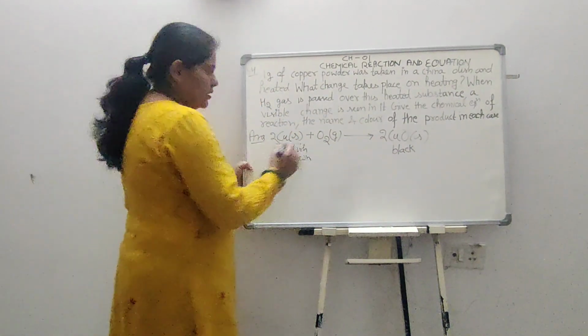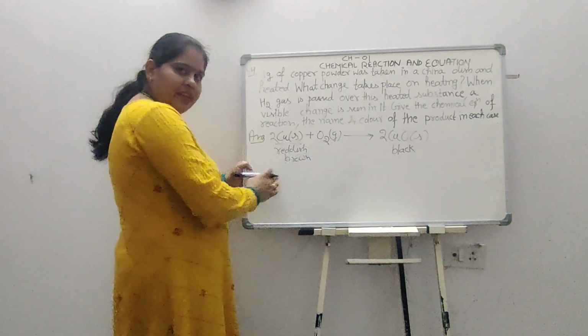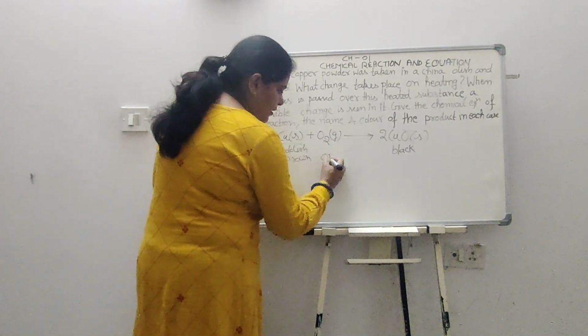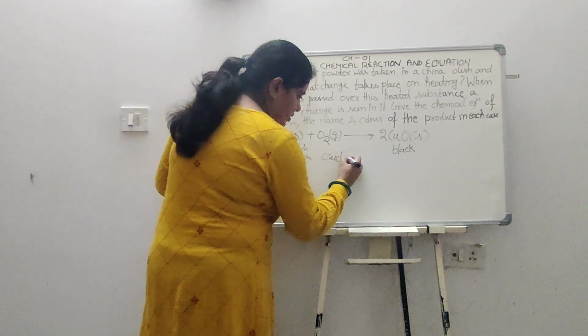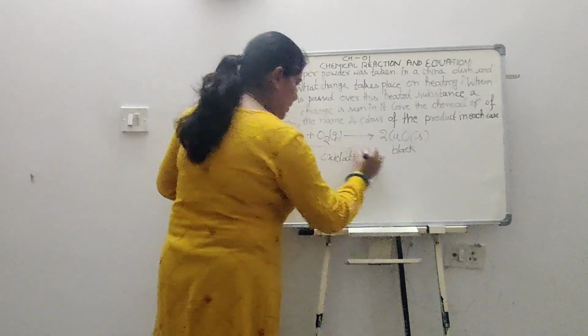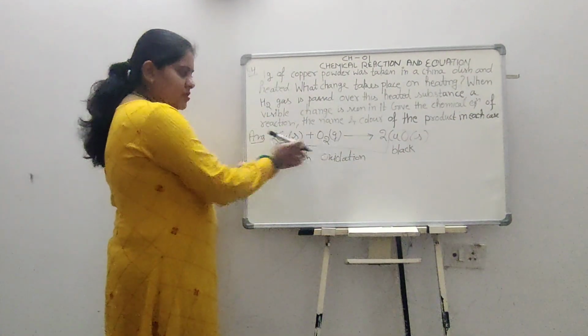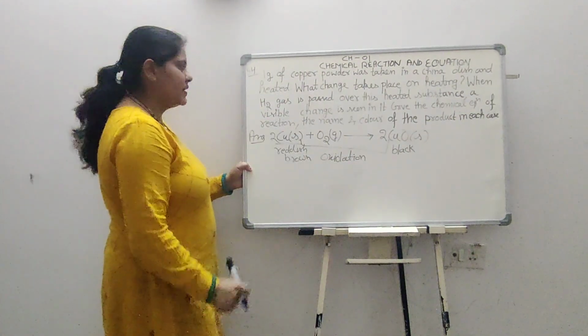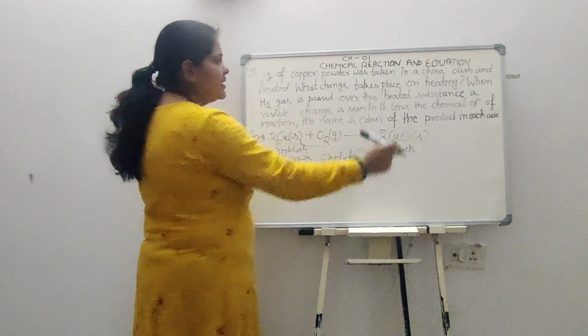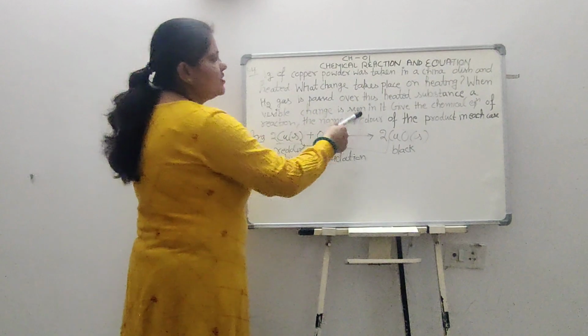Now, what type of reaction is taking place here? Here oxidation of copper is taking place, meaning addition of oxygen to copper. Now when hydrogen gas is passed over this heated substance, a visible change is seen.